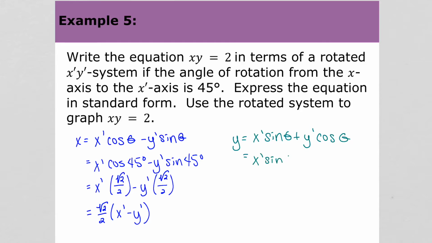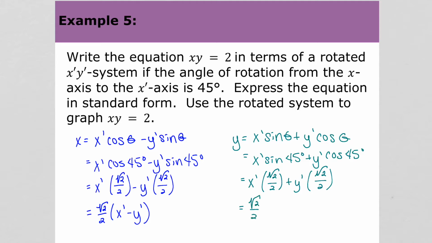So we plug in our 45 degrees, and plug in for sine of 45 and cosine of 45. So simplified, that would be square root of 2 over 2 times x prime plus y prime.